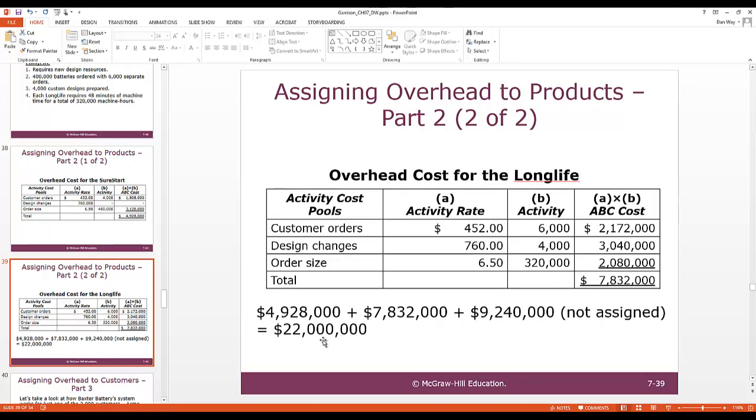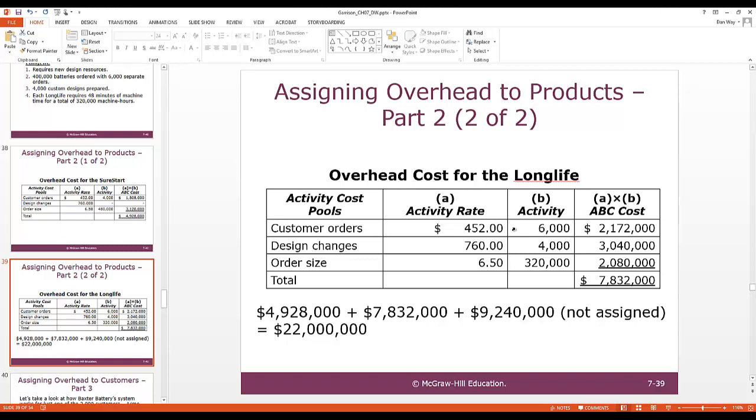And we can do the same thing for the Long Life product. So the activity rates are the same, right? We only want one activity rate per activity. Same across all products and customers. So for customer orders, that rate was $452. The Long Life incurred or had 6,000 customer orders.